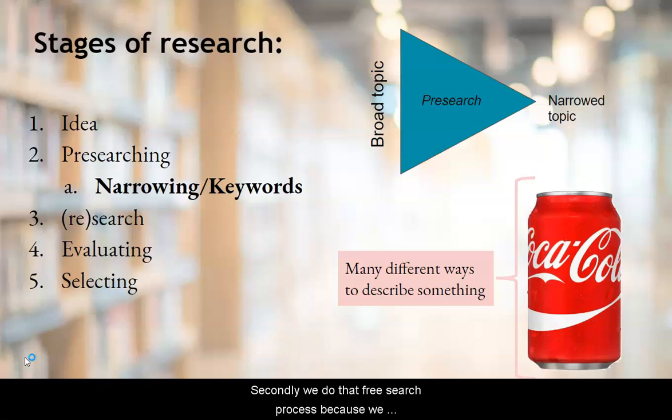Secondly, we do that pre-search process because we have to identify the key words or key concepts, key events or key dates that are relevant to our narrowed topic. There are many different ways to describe something. Often in my face-to-face classes, I will have an image of a Coke can or something, and I'll have students tell me what this is.